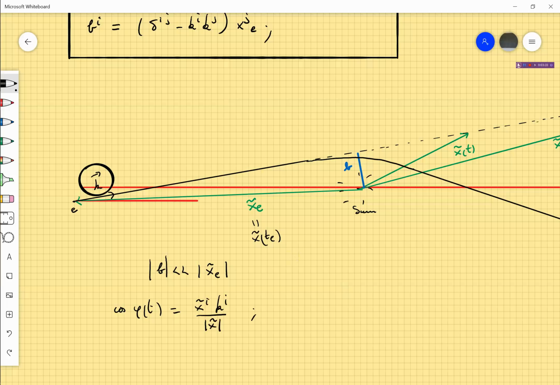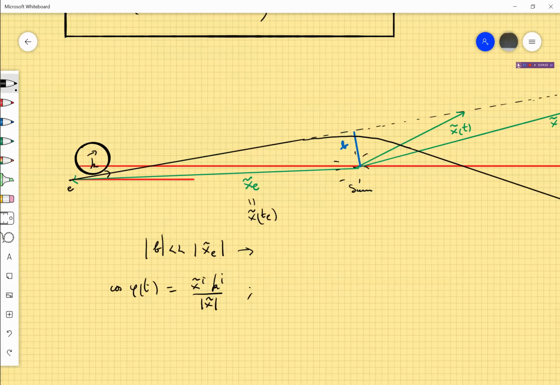If b is much smaller than x e, as we are assuming, then at the emission time, you can actually see that if b becomes smaller, this line gets much closer to the sun, and the difference between the angle that x e forms with the x-axis and the angle k forms with the x-axis goes to 0. So the cosine of phi at t e is more or less minus 1, because the angle essentially becomes pi.